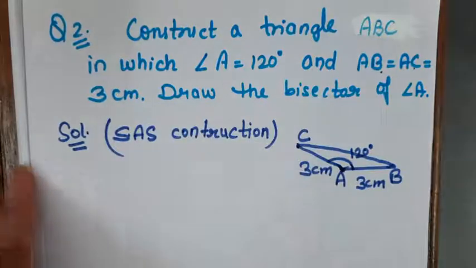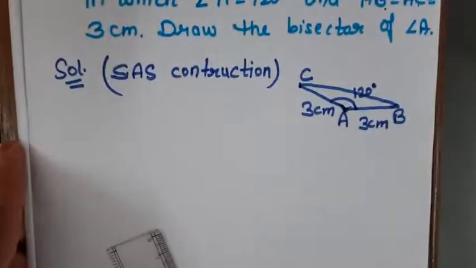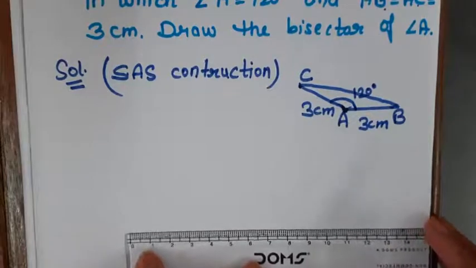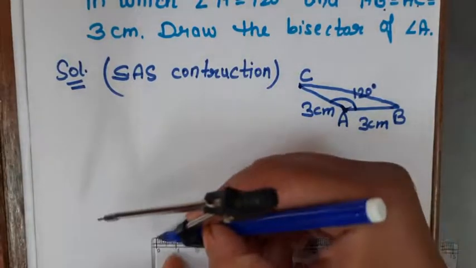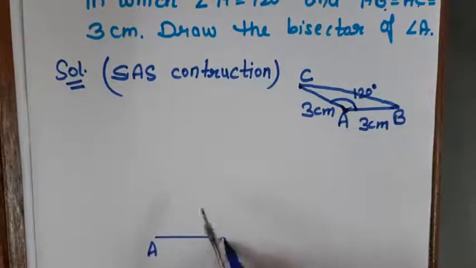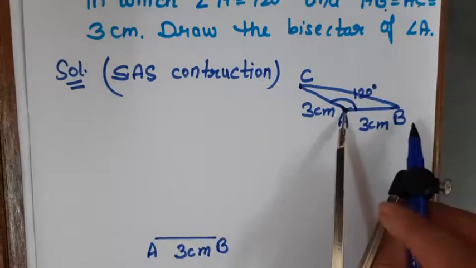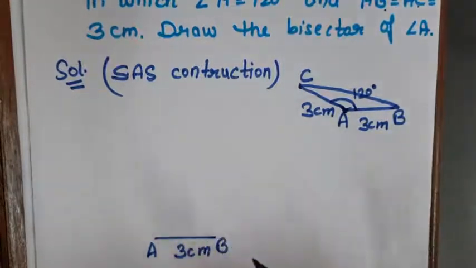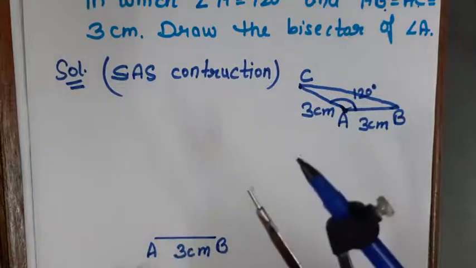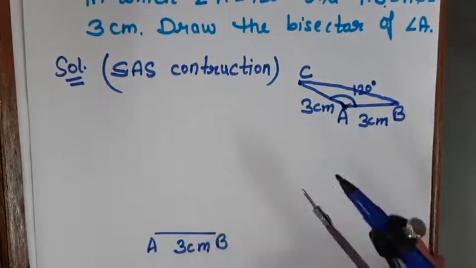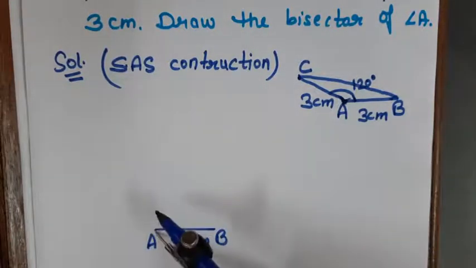So now we will draw this. We will construct it. Take base as side AB, 3 centimeter. Draw a line segment AB, 3 centimeter. Now at A we need to construct an angle of 120 degrees. You know how to construct, right? At point A, draw a semicircle first. Open your compass. You can take any distance.